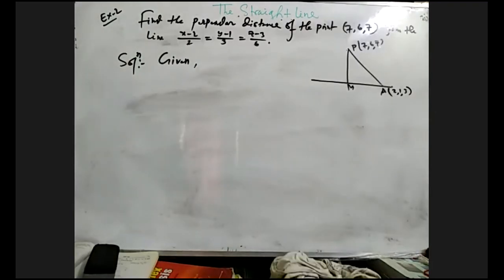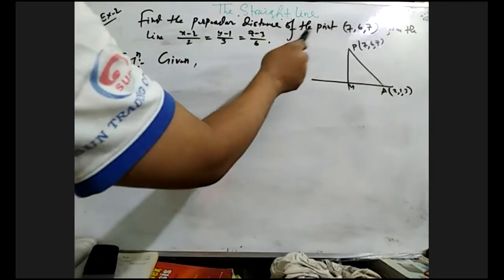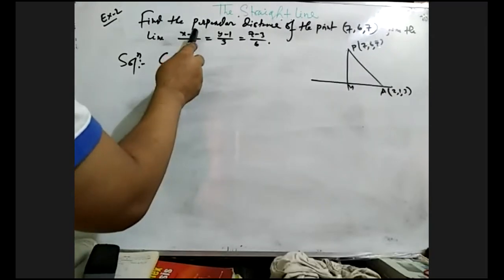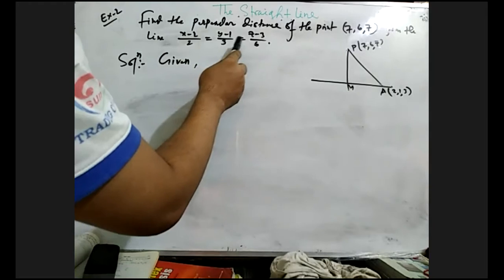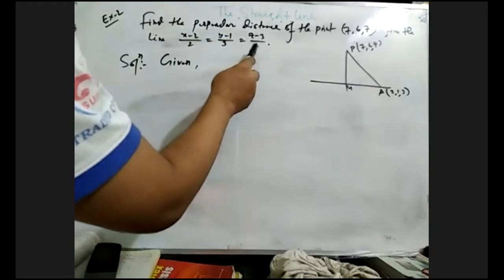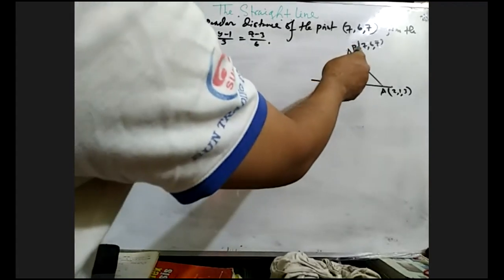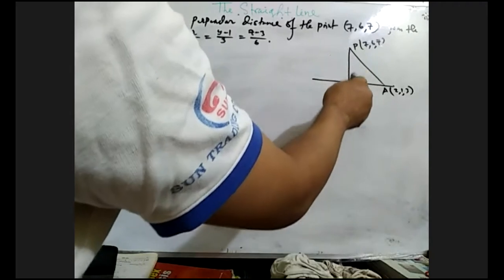Okay, now another example, the second example. We have to find the perpendicular distance of the point 7, 6, 7 from the 3-dimensional line x minus 2 divided by 2, y minus 1 divided by 3, and z minus 3 divided by 6. So this is the given point P, and we have to find the perpendicular distance.